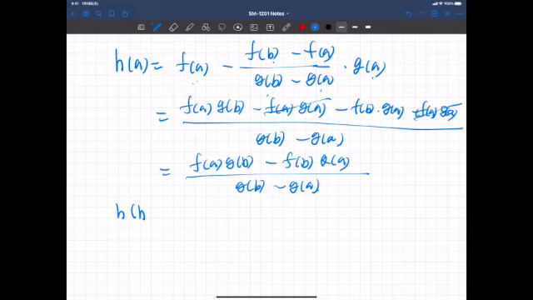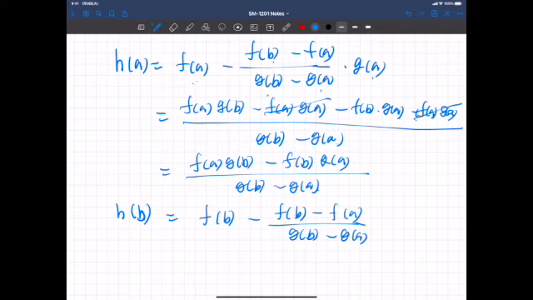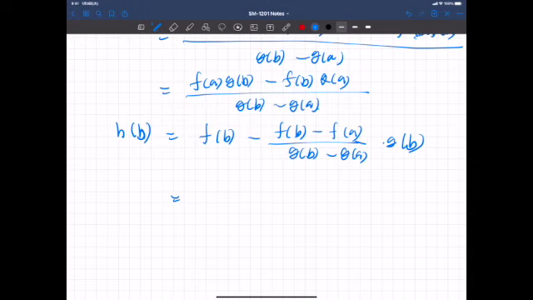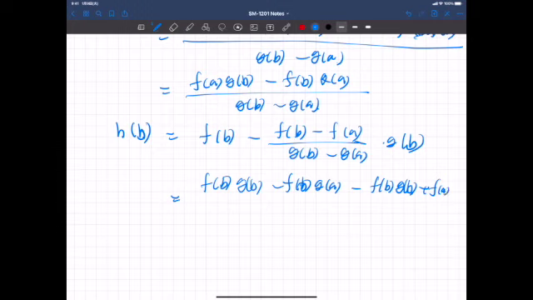And also calculate h of b. So that is f of b g b minus f b g a minus f b g b plus f a g b, over g b minus g a.